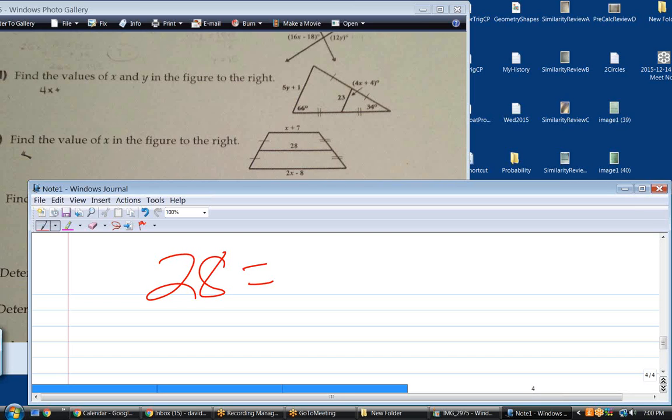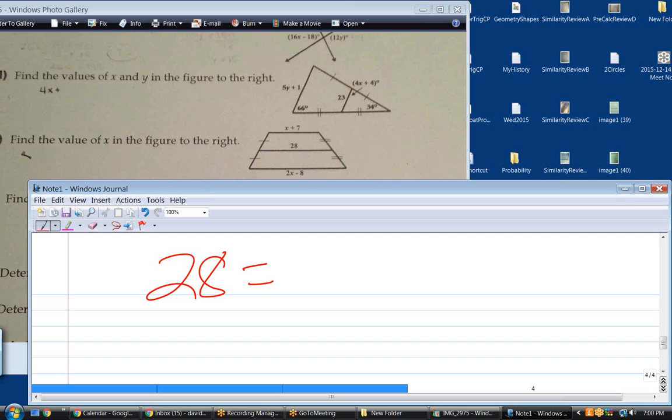In other words, all geometry comes down to is writing the equations and then solving. So I want to make sure you can write the equations. So what is 28 equal to? How did we do it when we had 10 and 12 or 10 and 14?